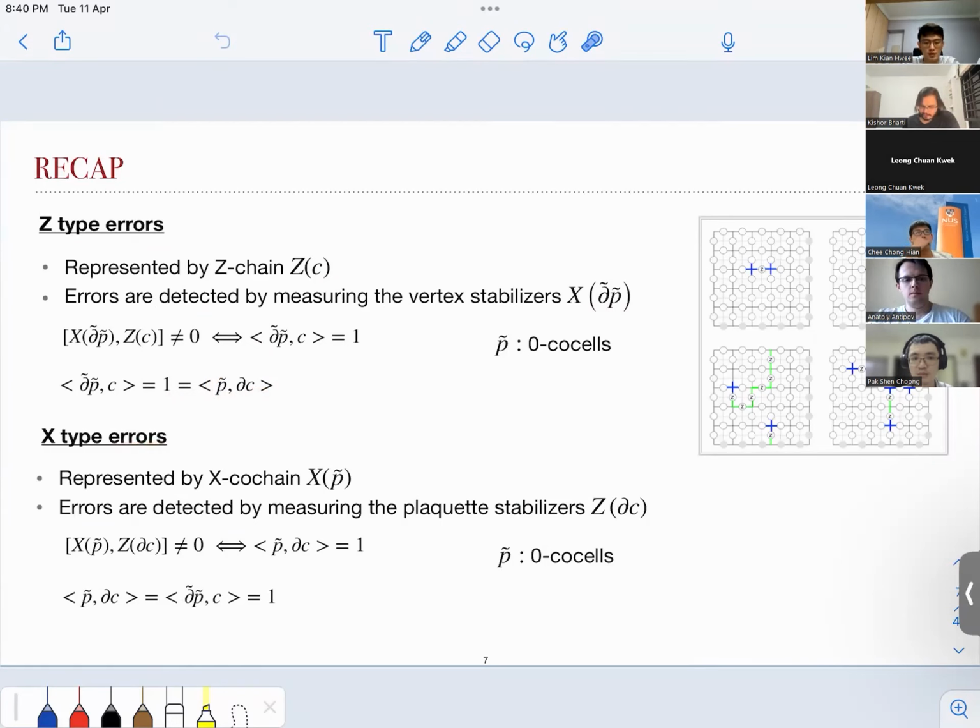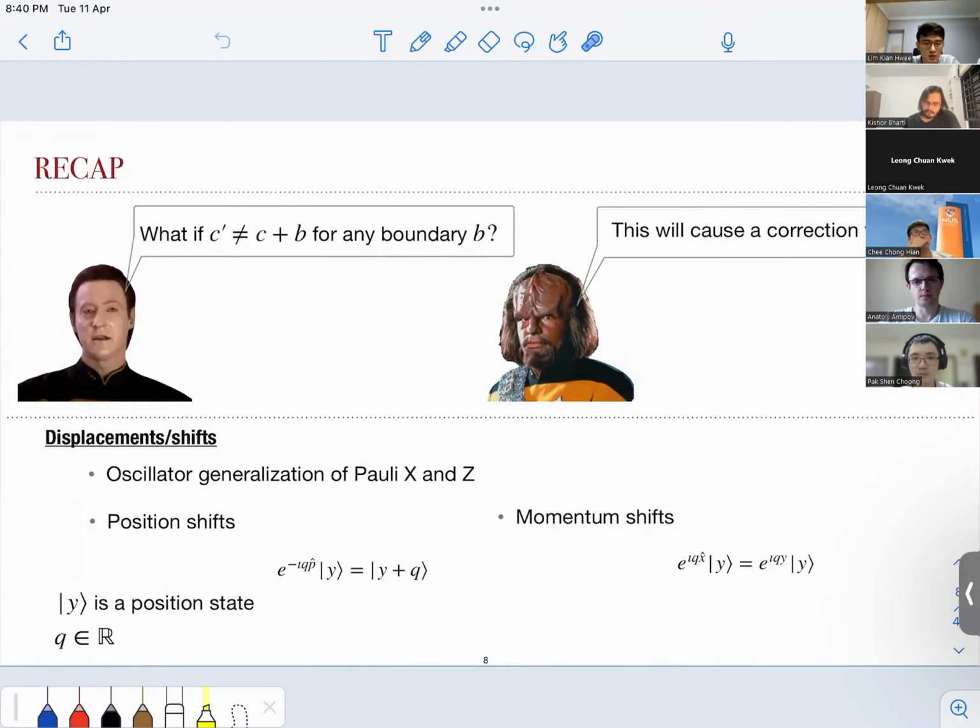Now you have X cochains, and the Z stabilizers should not commute. When they don't commute, that's how you detect the error. To correct it, you apply the right chain such that together they form a boundary, which is a stabilizer. But if you do not do that, then that will cause a correction failure.